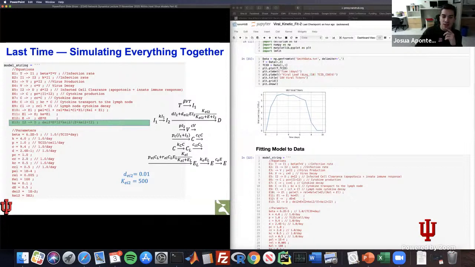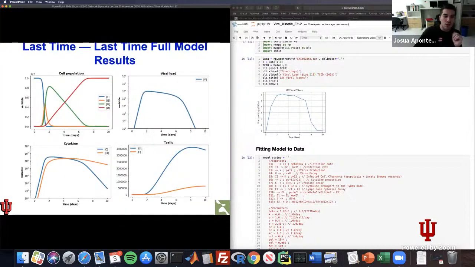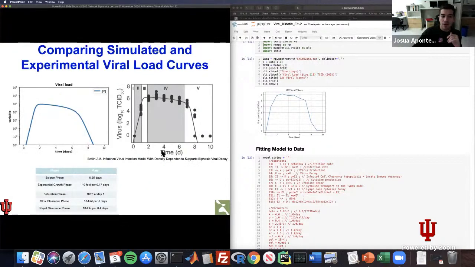So it doesn't necessarily have a lot of biological meaning, in the sense that the values of these parameters were chosen such that the viral load curve that we get from the model looks similar to the viral load curve that we were trying to fit.